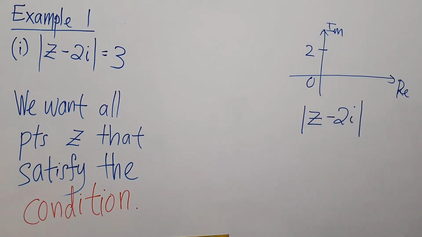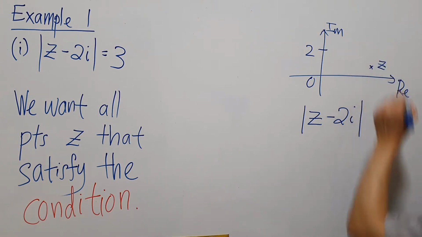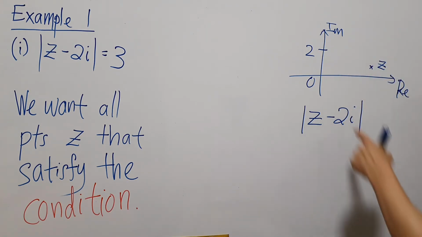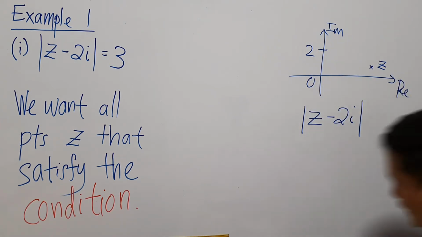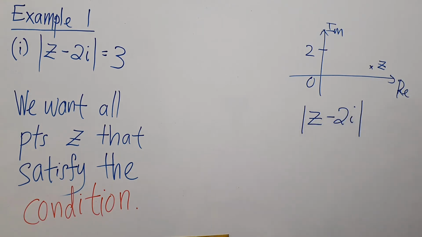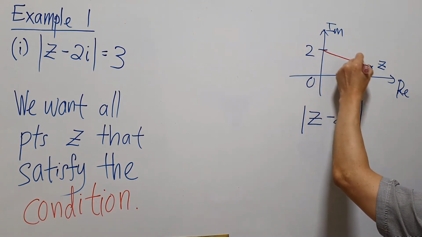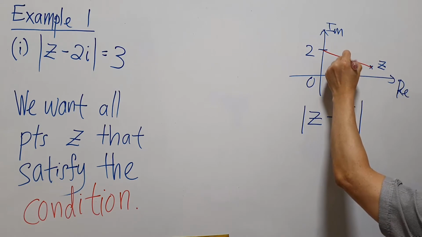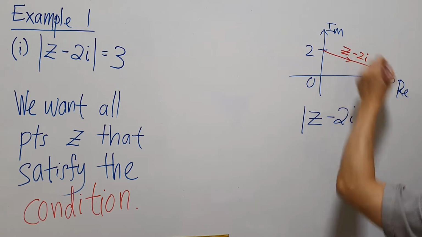For any complex number in the Argand diagram, say like this, this is the complex number 2i, and say for any complex number z in the Argand diagram, where is the complex number z minus 2i? Z minus 2i is actually this complex number.